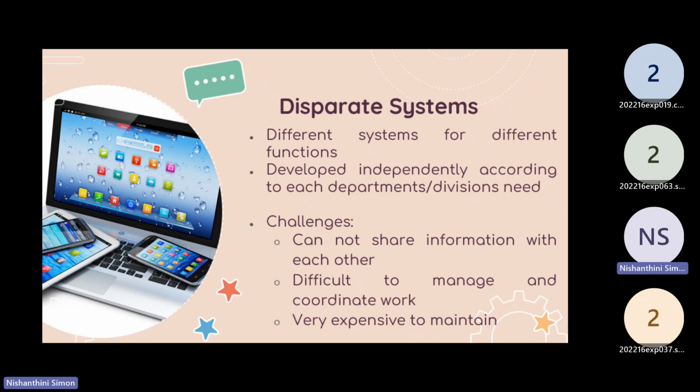But here, each division or department, to complete their activities and processes, maintains a separate information system. This independent, individual information system, which functions only inside a division or a department, we refer to as a disparate system.